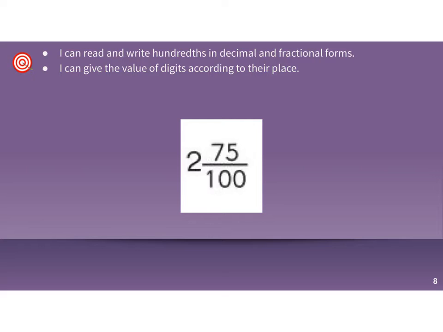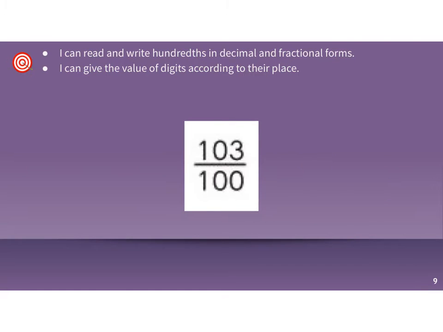What would 2 and 75/100ths look like as a decimal? Did you write 2.75? Read 2 and 75/100ths, just as the fraction is read. How about this? What would this improper fraction look like as a decimal?